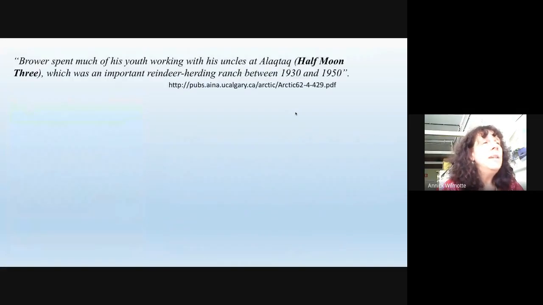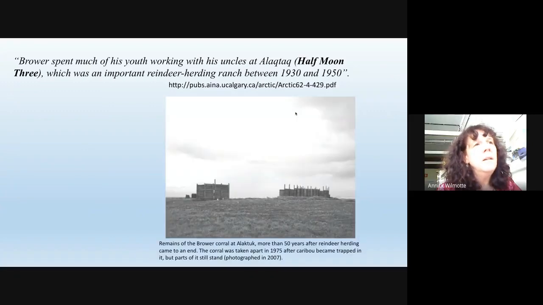Yes, the following, by looking a bit about Tom Brower, it was obvious that between 30 and 50, he spent his life in this ranch. And these are the remains of the corral that was taken back, but still some remains can be photographed in 2007. So it's a kind of testimony of foregone activity in this place.